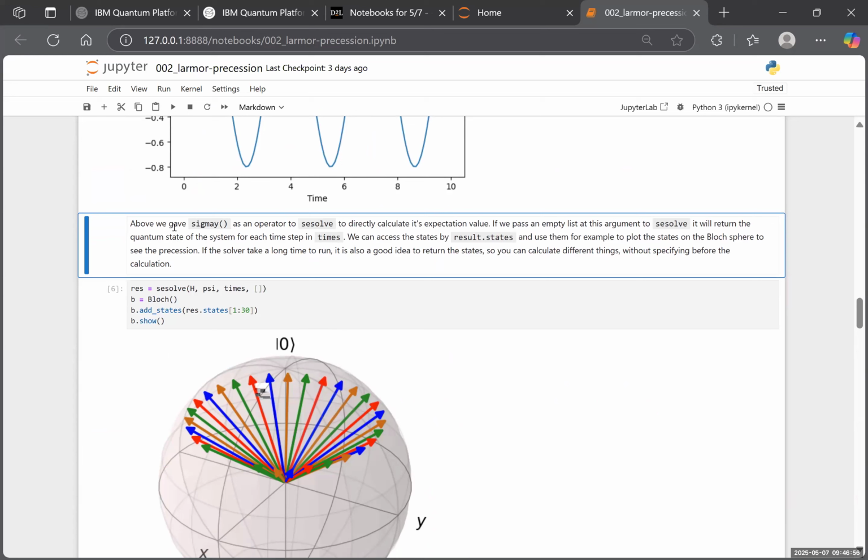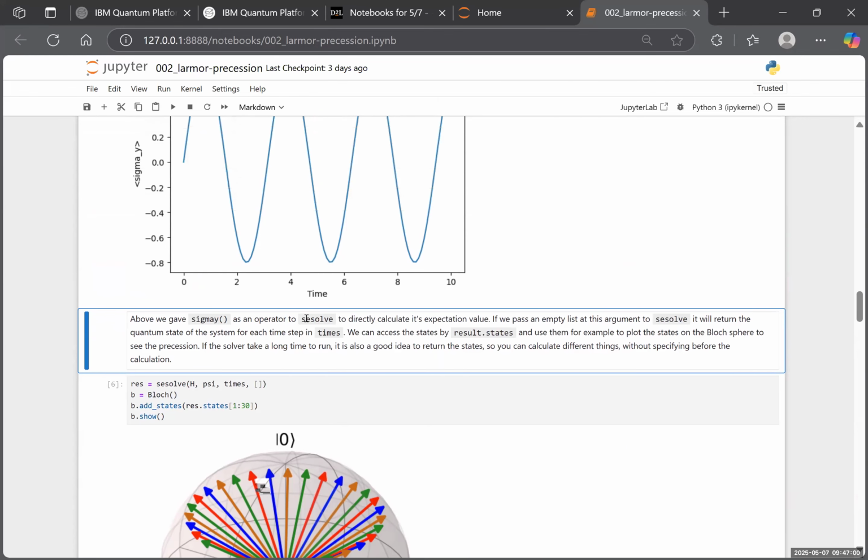Okay, so in the above, we gave sigma y as an operator to the Schrödinger equation solver to directly calculate. If you pass an empty list, it will return the quantum state.